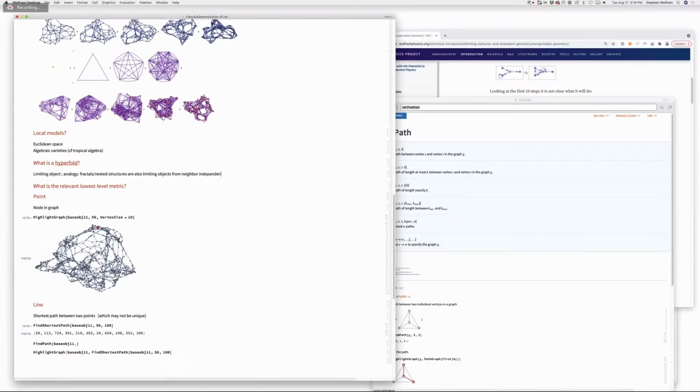I think random graphs are also good examples of limiting objects from which we can draw some techniques and definitions. I don't think they're as useful as you think, and let me explain.